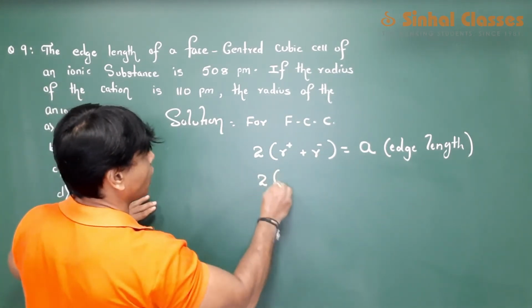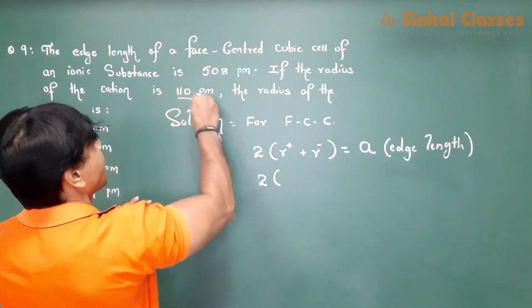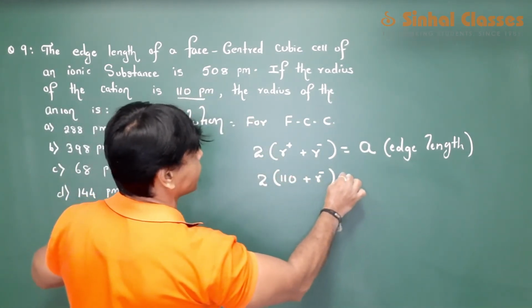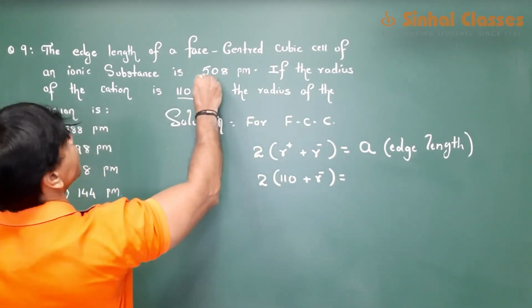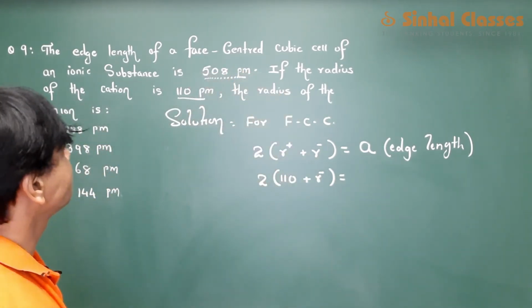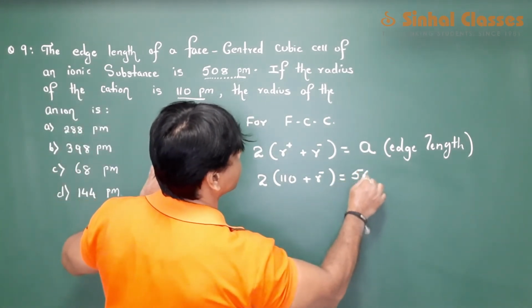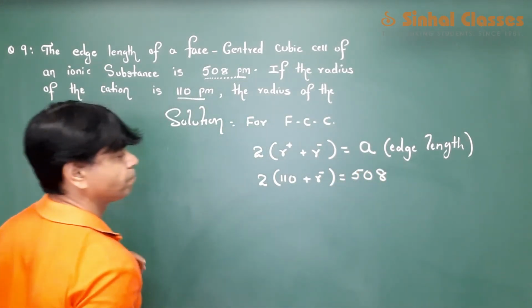Now we have the radius of the cation given as 110, we want it for the anion, and this edge length is given as 508 picometer.